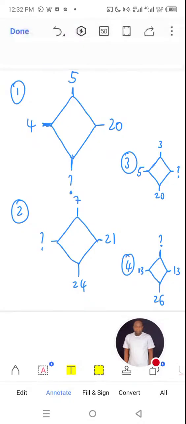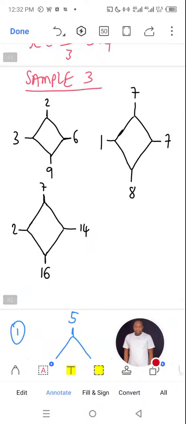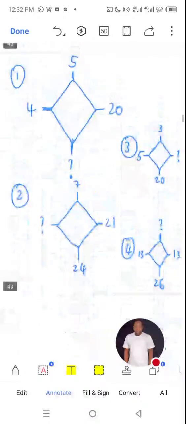Okay, he said number 1 is 24. 4 plus 20 is 24. Okay, makes sense. That's correct.